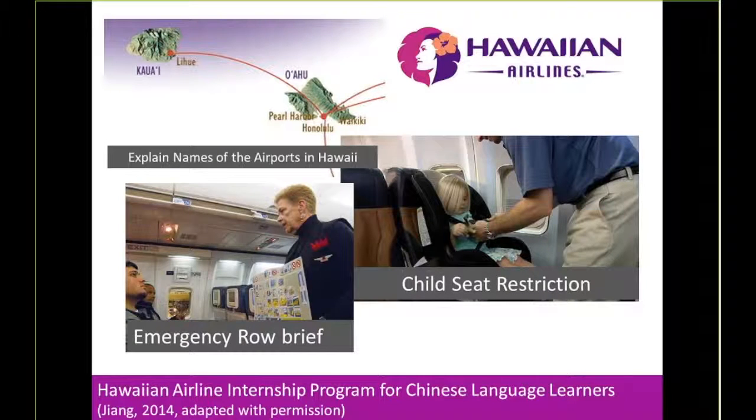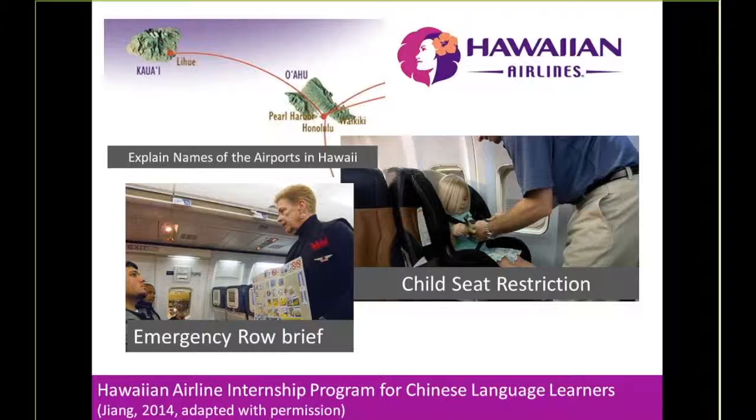This is the Hawaiian Airlines Internship Program for Chinese language learners. This is my colleague Song Jiang here at UH Manoa project, adapted with his permission. So Professor Song has this project where the students perform an internship at the Hawaiian Airlines in the Hawaii International Airport.